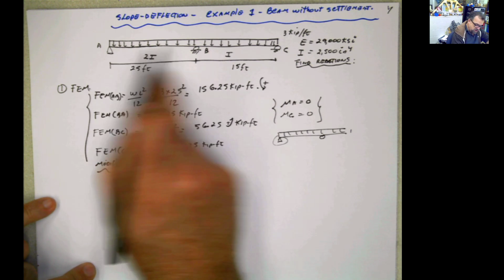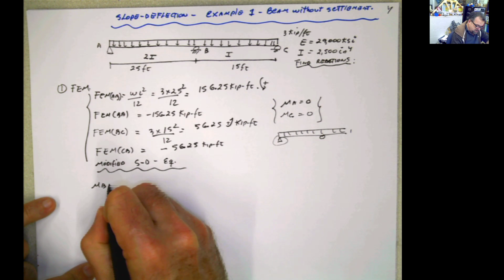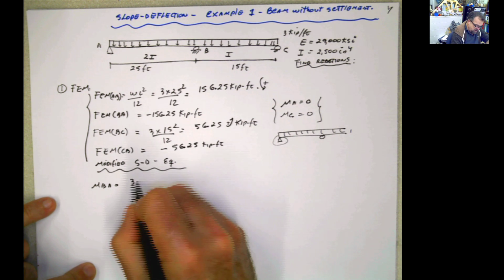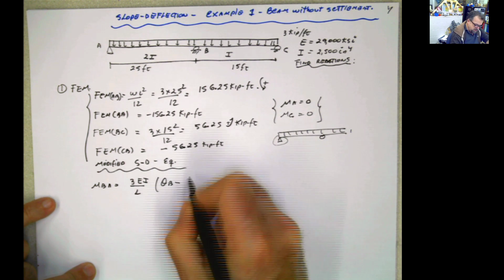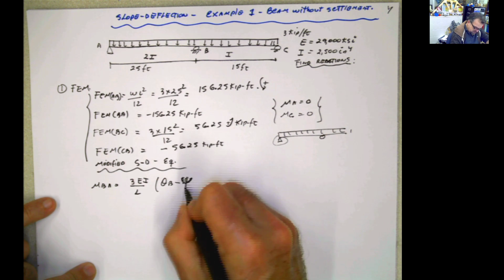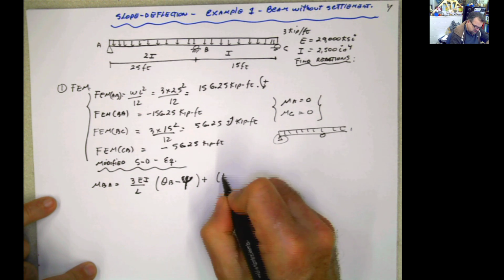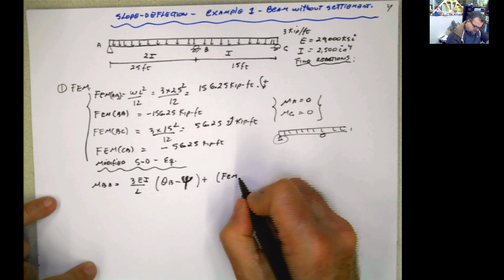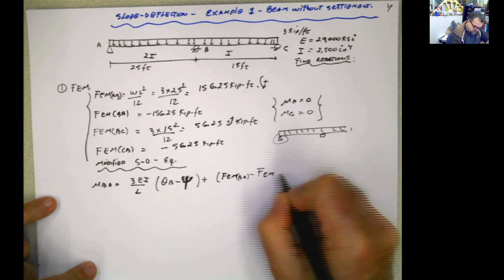I'm not gonna apply any equation for A, but for B, the moment from B towards A is gonna be equal to 3 times EI over L times the rotation at B minus psi, plus the fixed end moment BA minus the fixed end moment AB divided by 2.